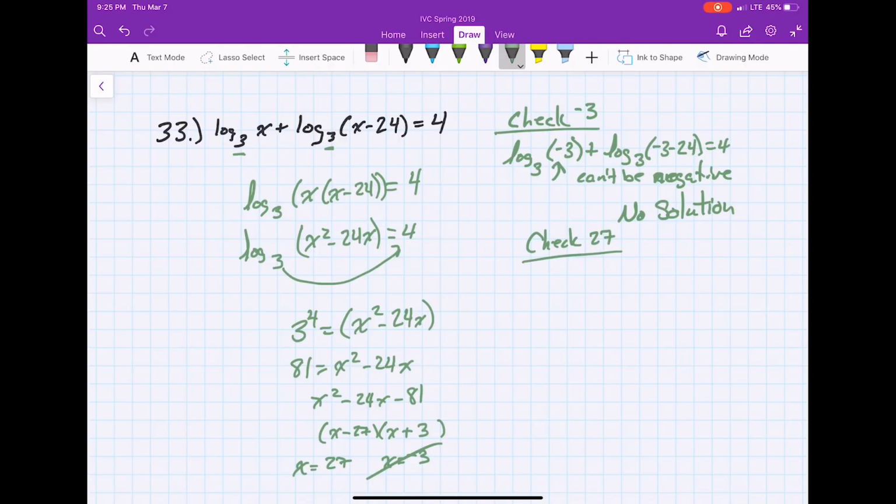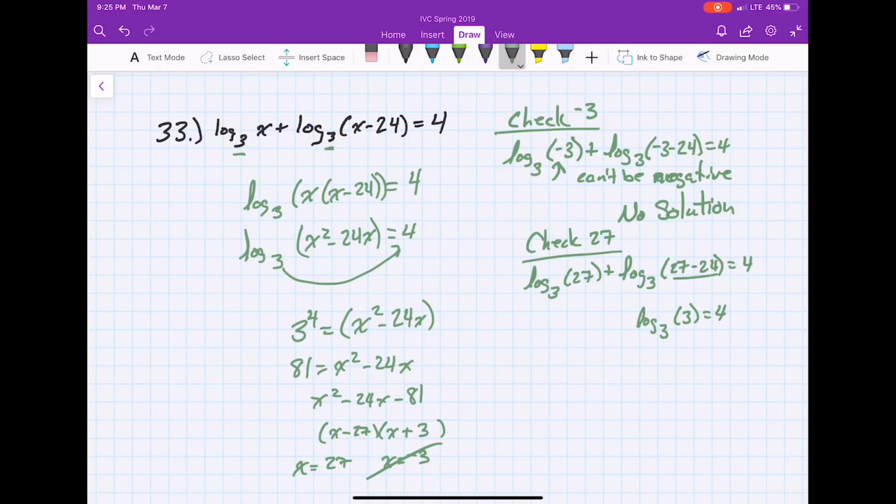So now we're going to check 27. So we have log 27, which is positive, plus log base 3 of the quantity 27 minus 24, which is going to result in a positive as well. It's going to be 3 in there. And all that equals 4. So this is log base 3 of 27, which is 3 to the third, 3 cubed, so that's 3.